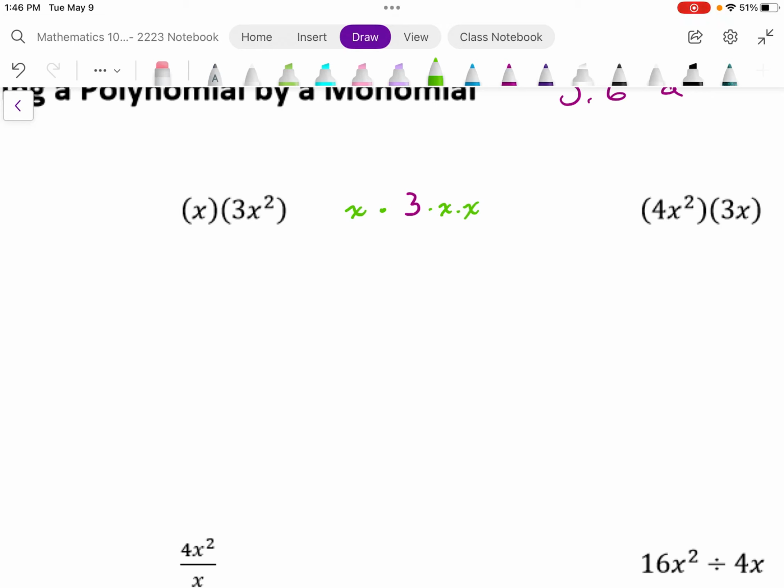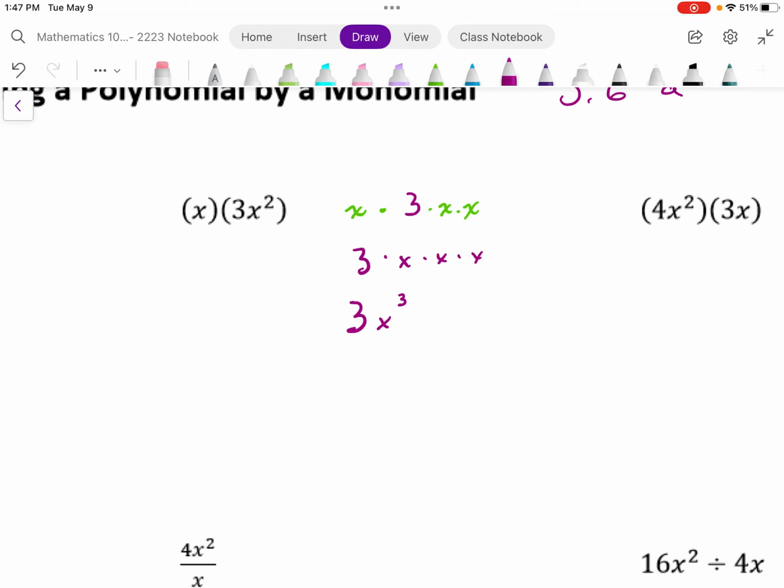So I'm just going to reorganize my multiplication. I'm going to call this 3 times x times x times x. So when I multiply them, I'm going to say this is 3. Now x times x times x is repeated multiplication, so I can rewrite that as 3x cubed.